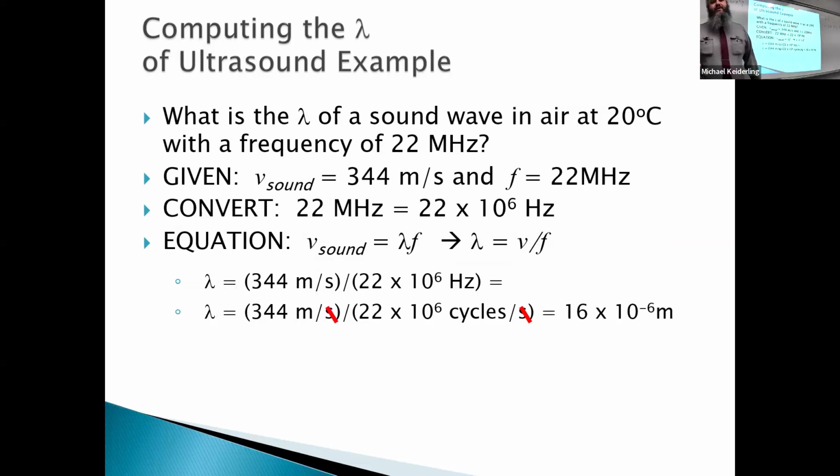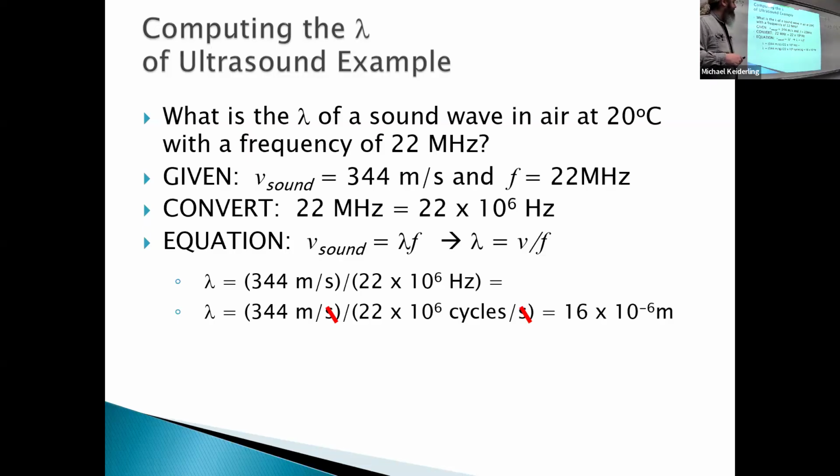So let's work out the wavelength of a sound wave in air that has a frequency of 22 megahertz. So this is an ultrasound wave. Given that the speed of sound is 344 meters per second, and the frequency is 22 megahertz, if we convert this to hertz, that's 22 times 10 to the 6 hertz.